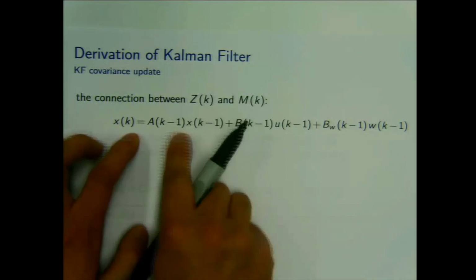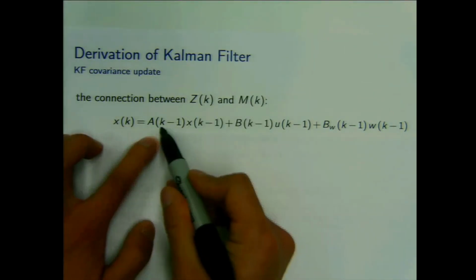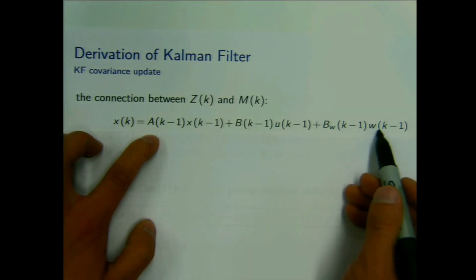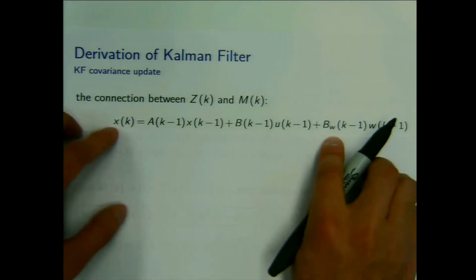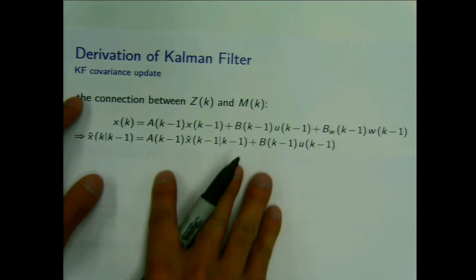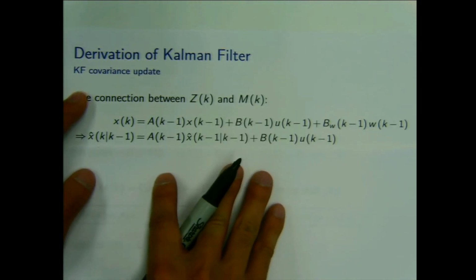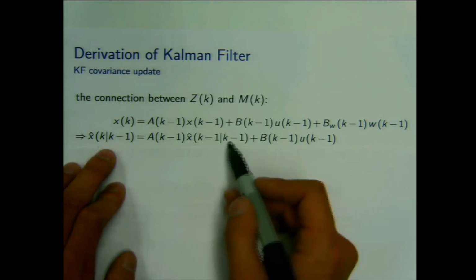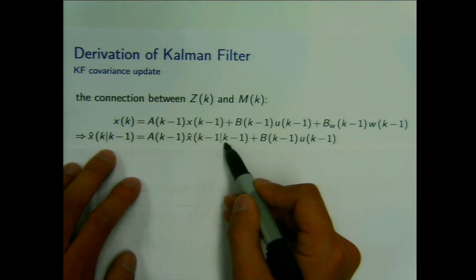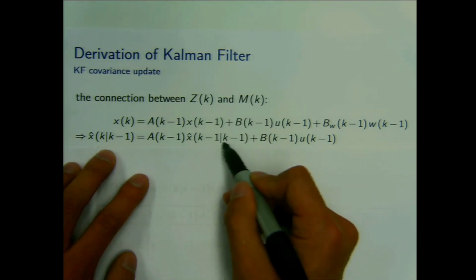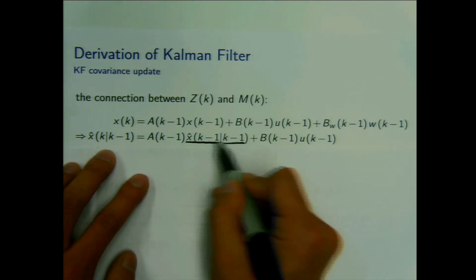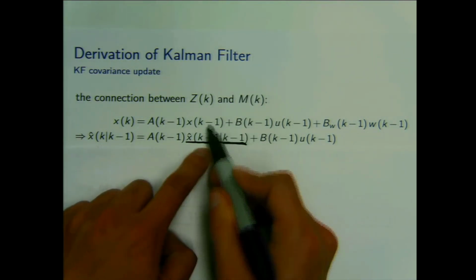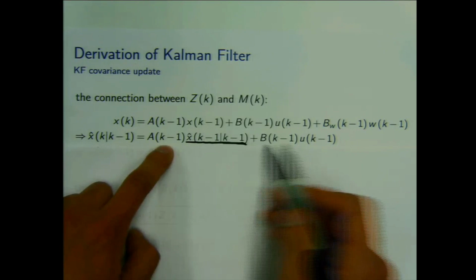This is the definition of x of k. The system matrix is A, B, and then the noise inside this. This is the system state matrix. From here, you see, we have talked about this concept. If I want to estimate x of k, given the information up to k minus 1, then what I can do is I can filter this estimation at k minus 1 using this system matrix.